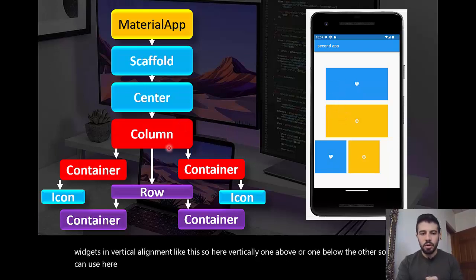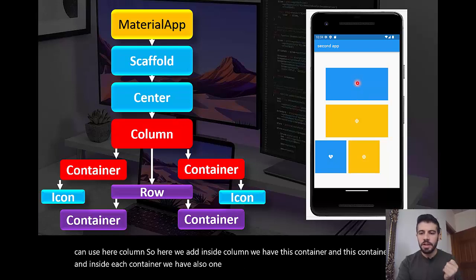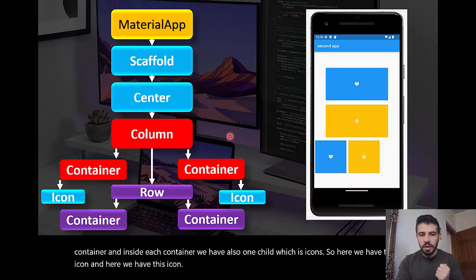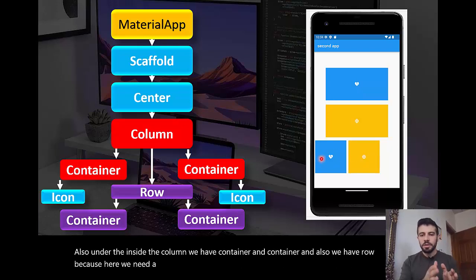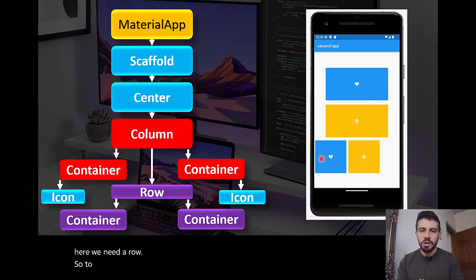So inside column, we have this container and this container, and inside each container we have one child, which is an icon. So here we have this icon, and here we have this icon. Also inside the column we have a row, because here we need to put the widgets one beside the other horizontally.